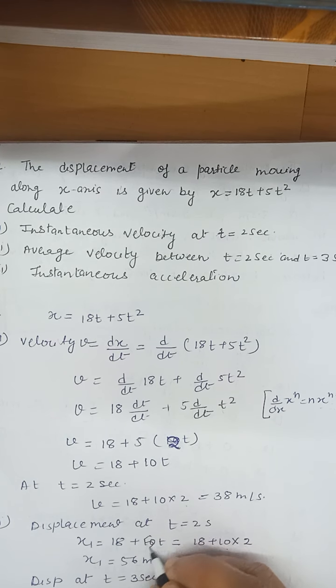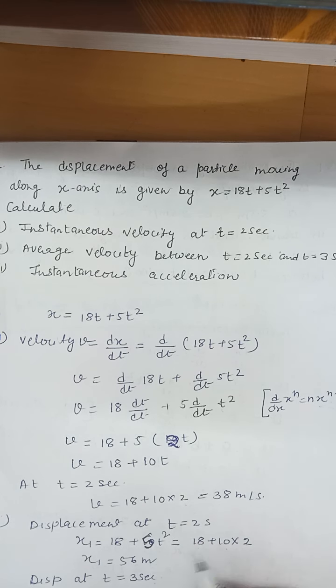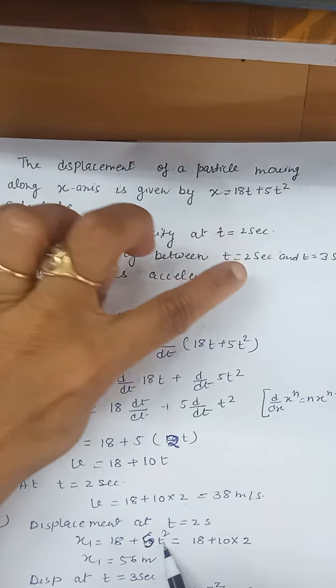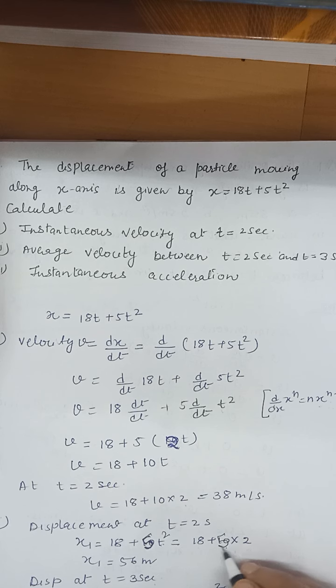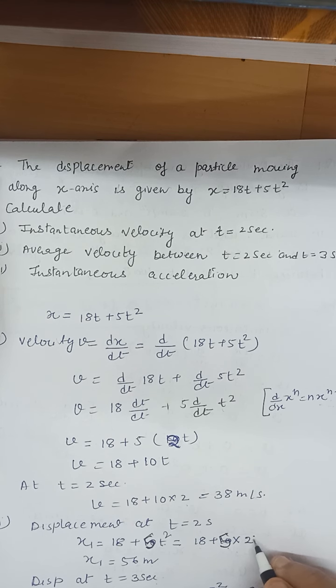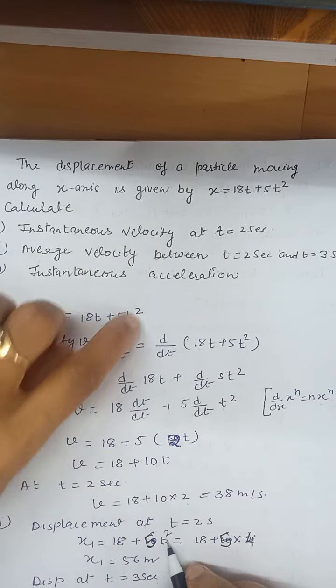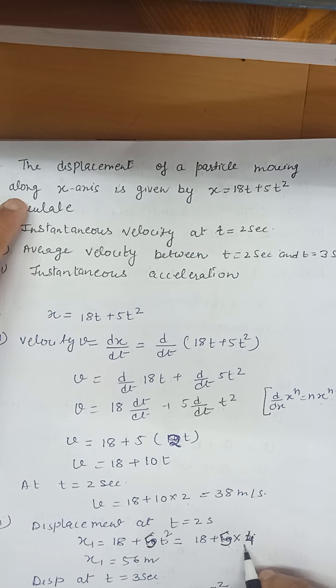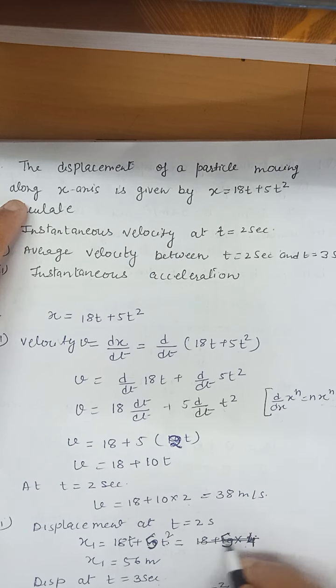This is 5t². When you substitute t = 2 seconds, you will get 4, so you will get 20. You have this value 18t, here also this is t, so you have to substitute completely.